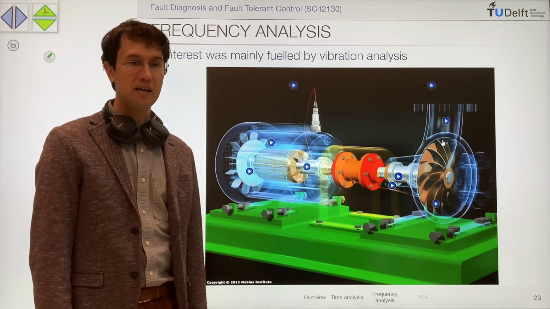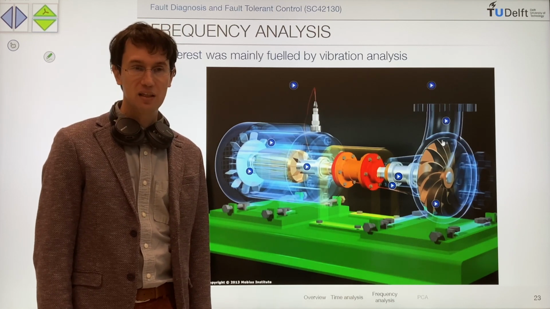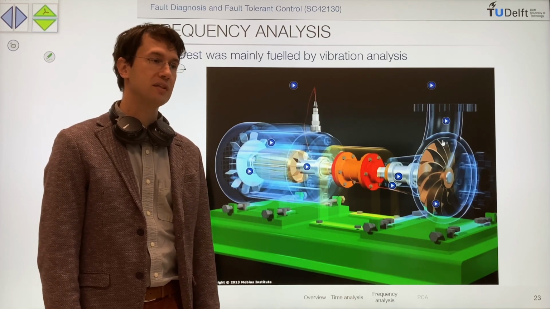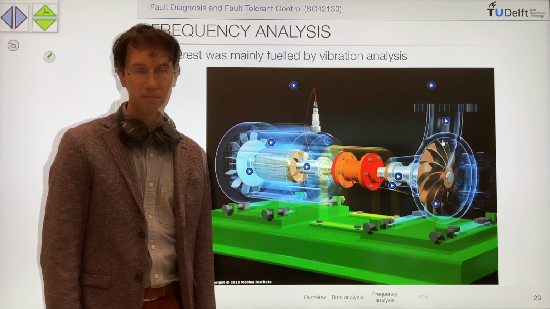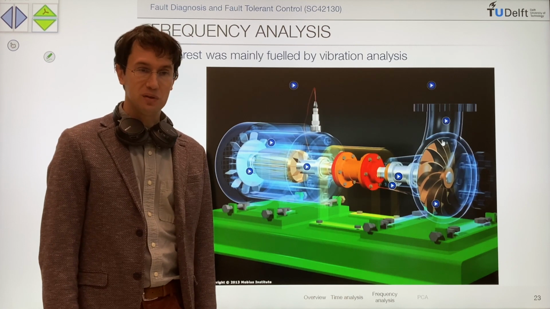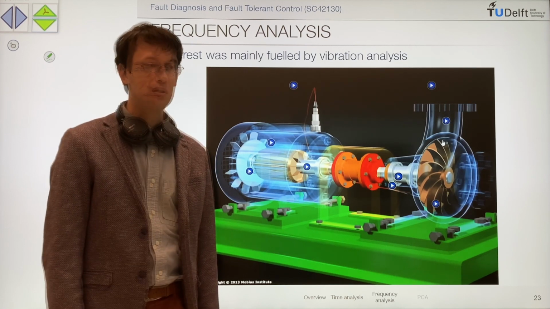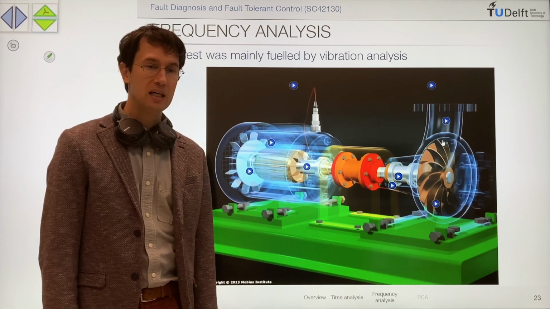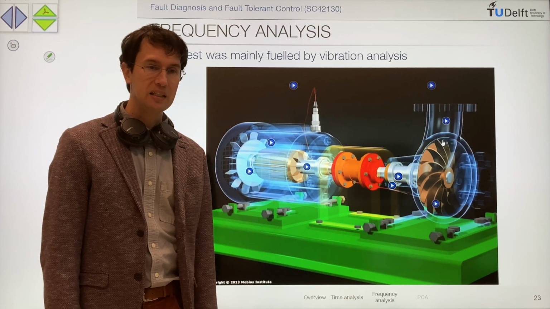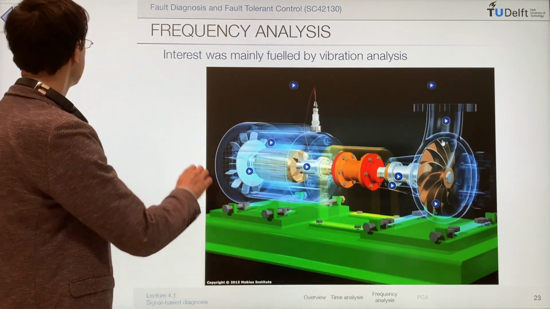They are developed for stationary conditions, for conditions where you have a lot of data characterizing the normal behavior. When you have transient conditions, it is much more difficult to apply them, because if you look at the spectrum, it is no longer something constant like we expected.